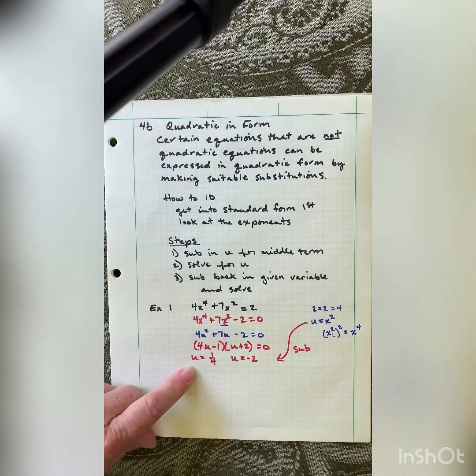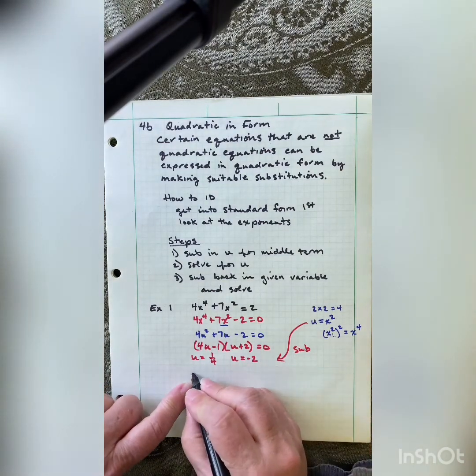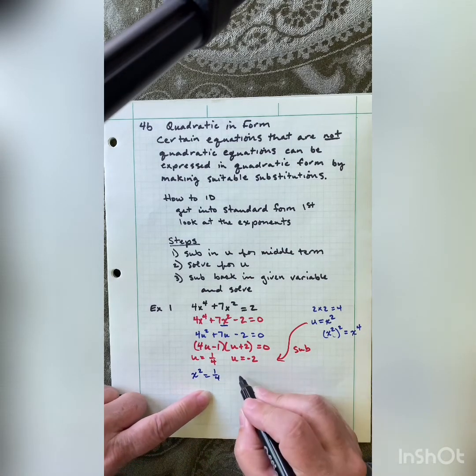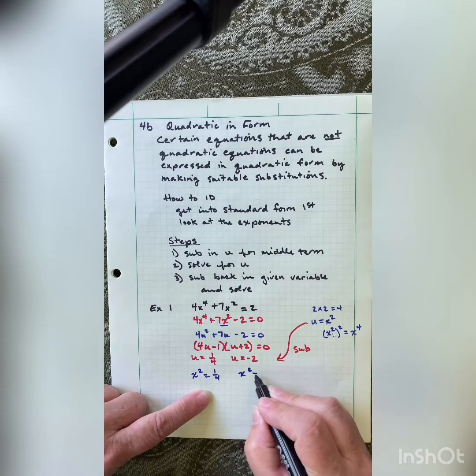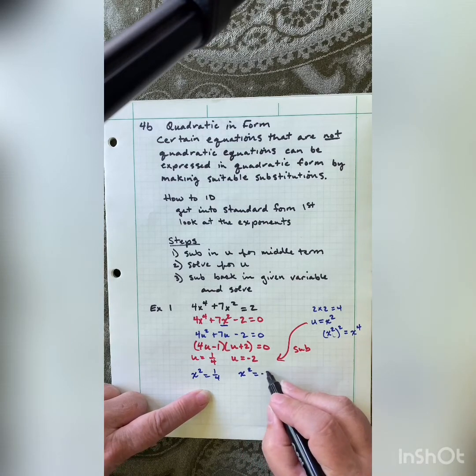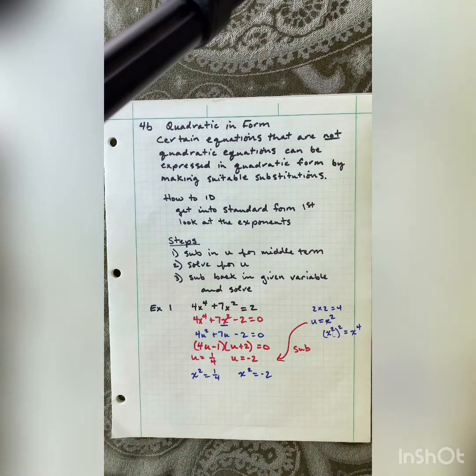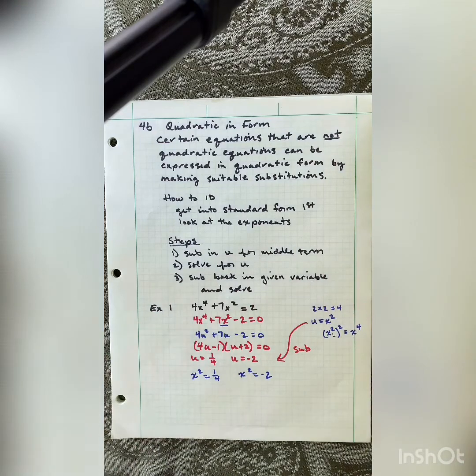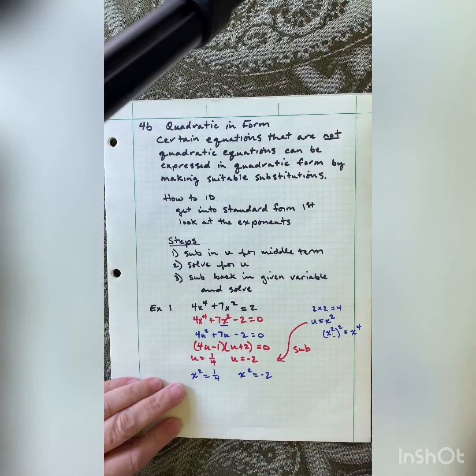So every time I see that u, it's going to become an x squared. x squared equals 1/4, and x squared equals -2. So now we substituted that back in, and we're going to solve it for x. I want x, not x squared.